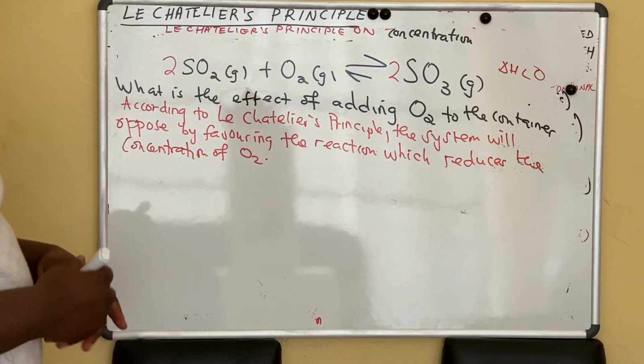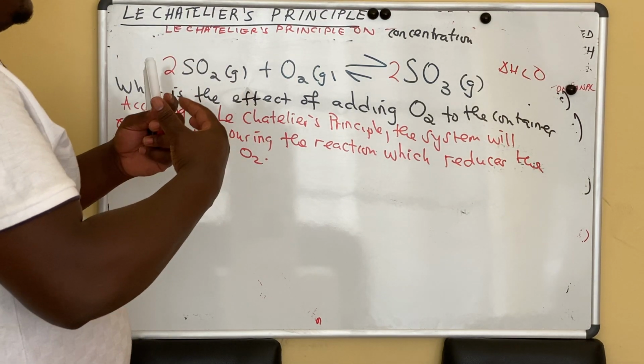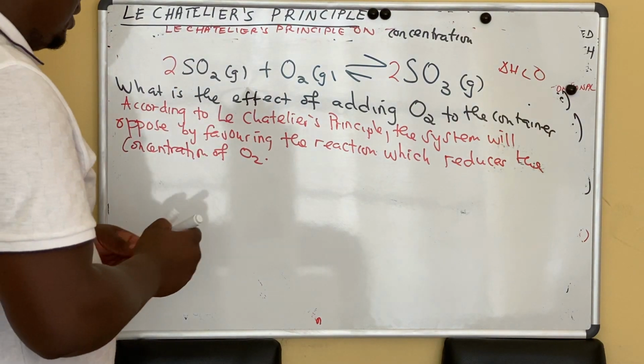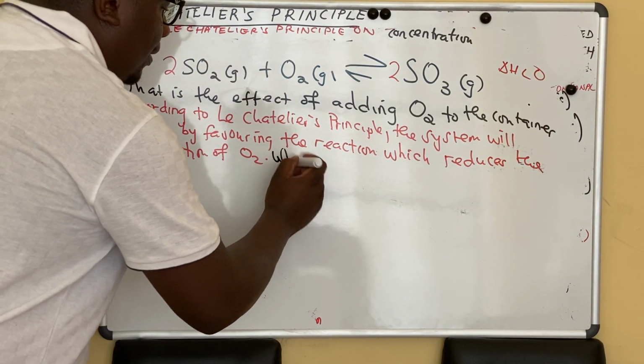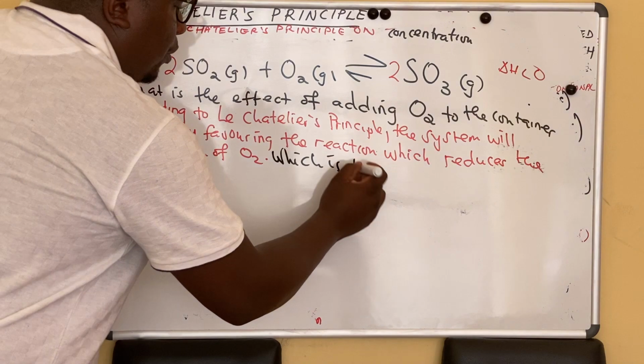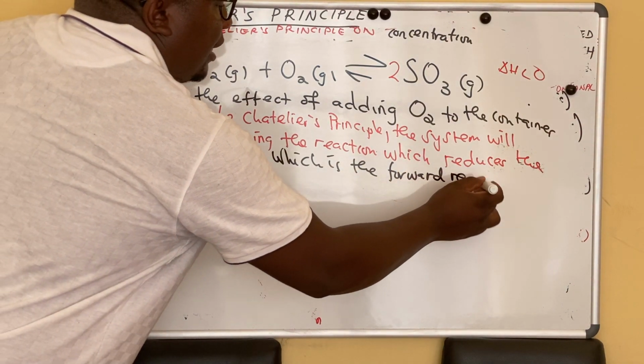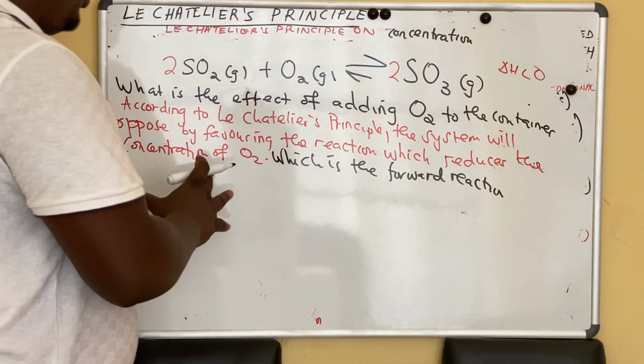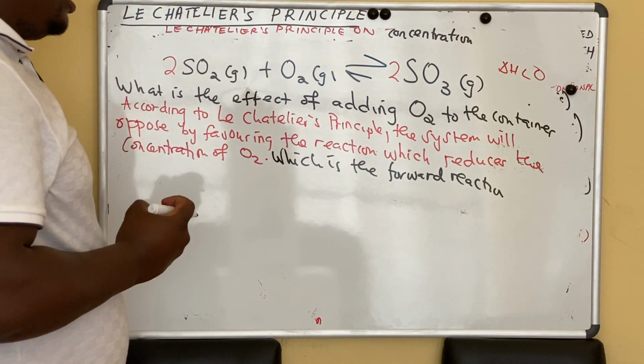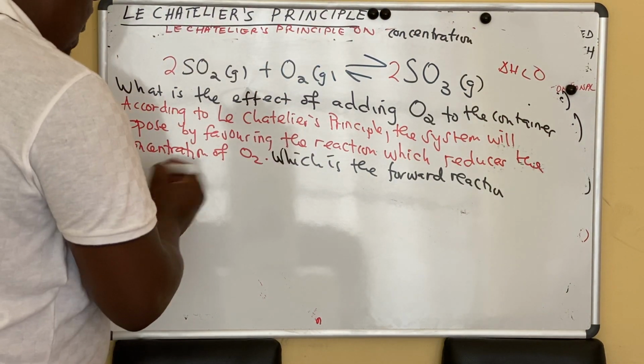So the system opposes by favoring that reaction which reduces the concentration, which is the forward reaction. Because you can see that the forward reaction, if you look at it here, has no oxygen. So if we want to reduce the concentration of oxygen, we favor the forward.